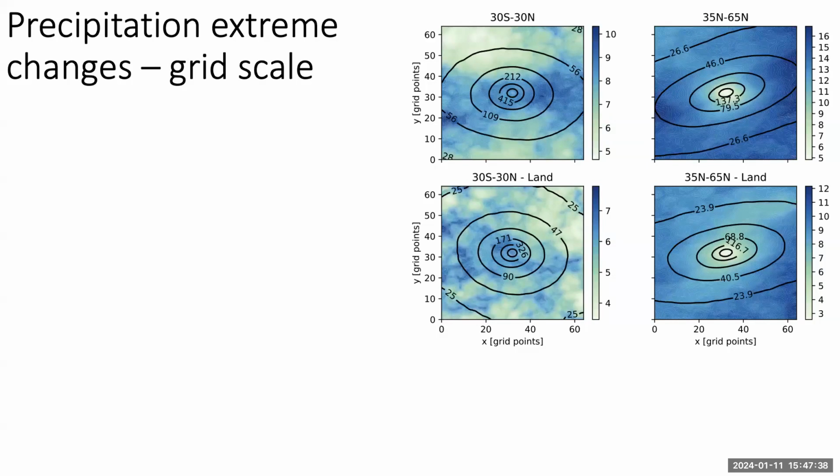I'm not sure it's completely necessary, but the fact is that you're still not resolving shallow convection, right? It's just 3.25 kilometer resolution. Shallow convection is a subgrid process when you are considering this type of a grid cell.